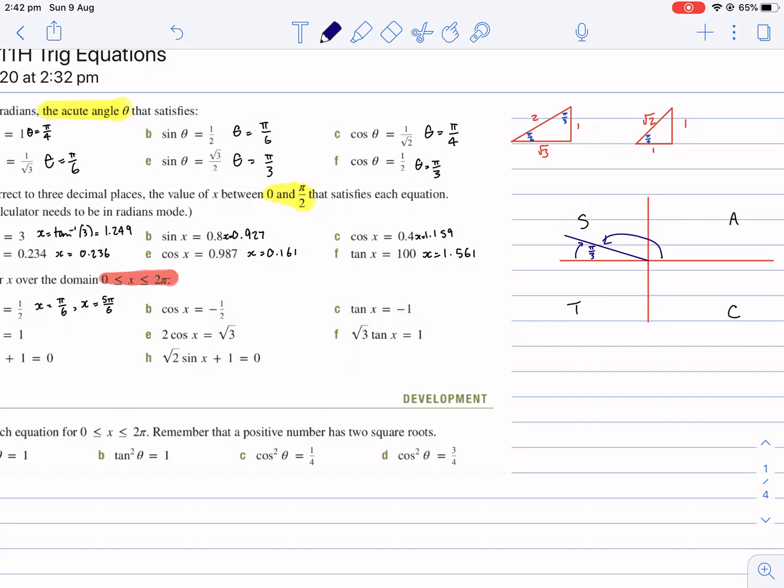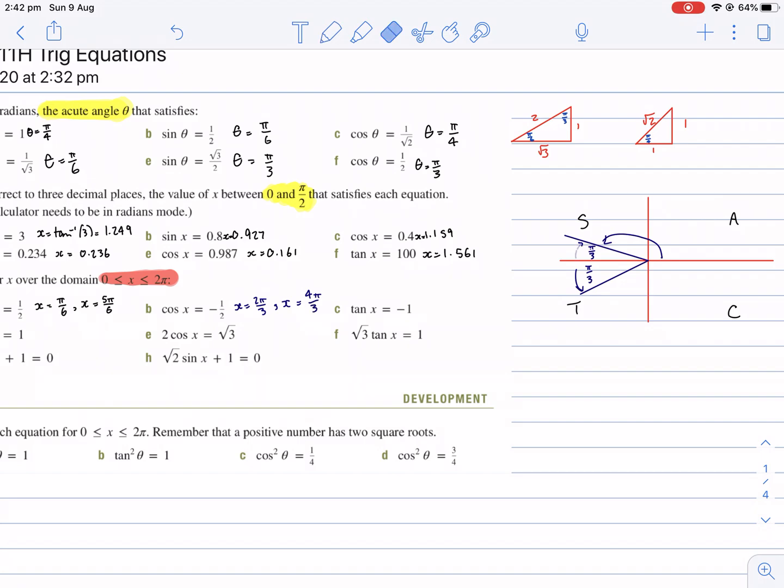So that gives us 2 pi on 3. The other value that would have given us a negative would have been down here. So pi plus pi on 3, 4 pi on 3.